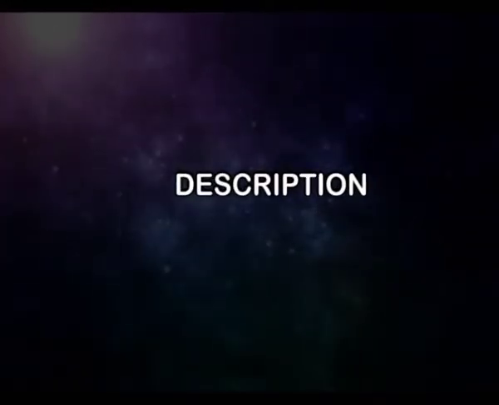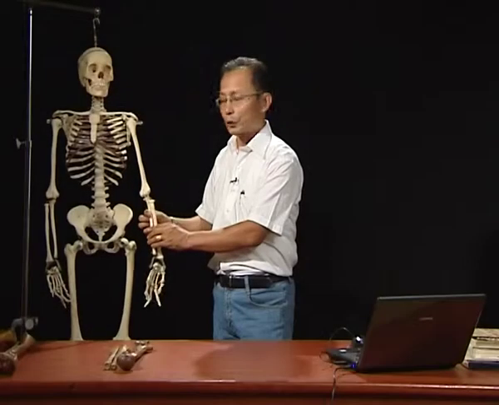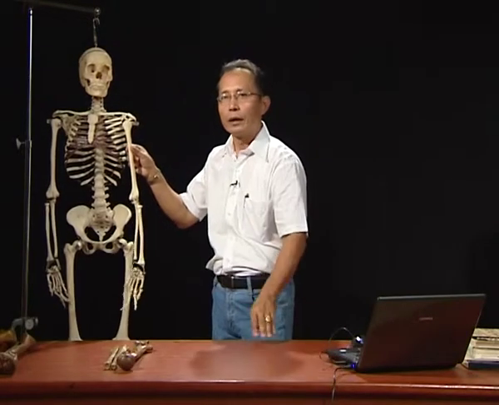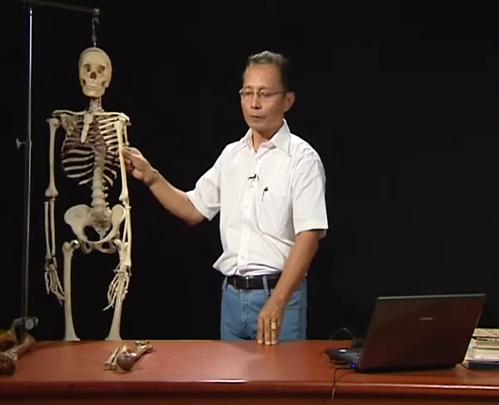Well, as you have come to know how to draw a bone, now let us start with the description of the bone of the upper limb. First of all, let us start with the humerus, the bone of the upper arm.